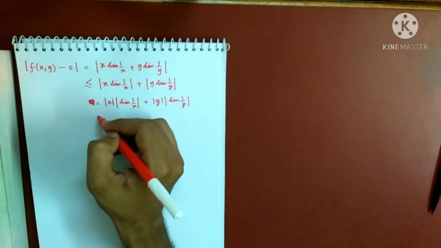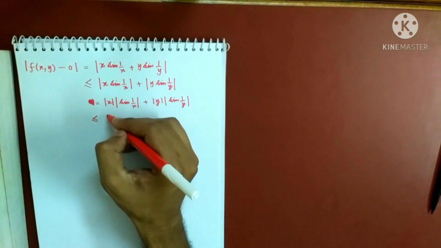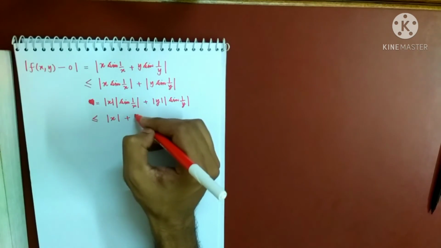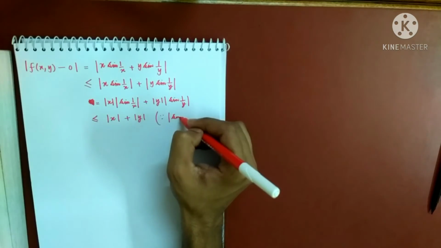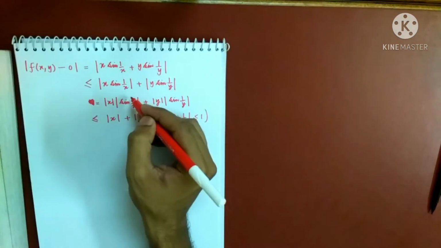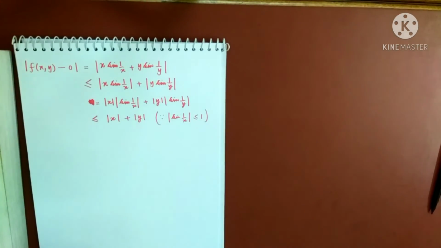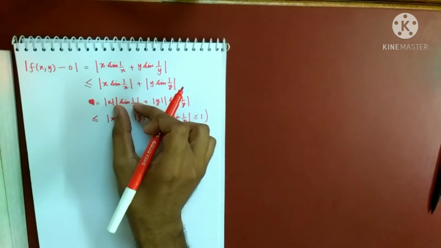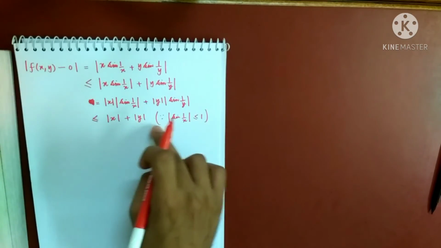Who can tell me the next line? But one more thing before doing that, this can firstly be written as mod x plus mod y. Why? Since sine of any angle is less than or equal to 1, mod of sine of any angle is less than or equal to 1. So this will be less than or equal to mod x plus mod y.